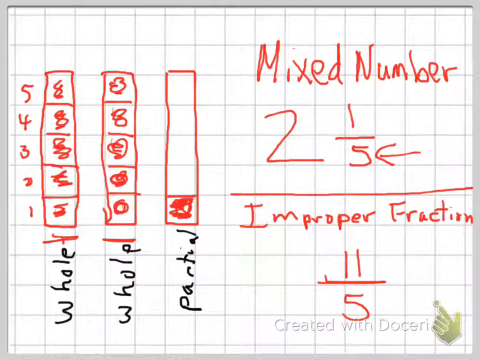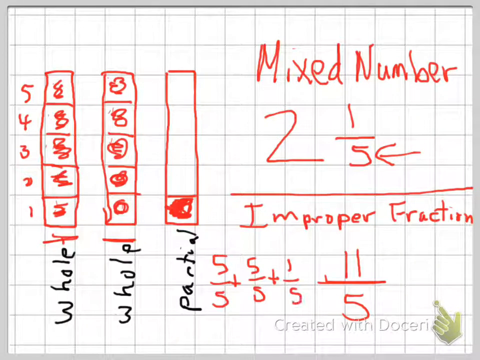But if you wanted to be a smarty pants and impress your parents that you can add fractions together, well, look. We have 1, 2, 3, 4, 5. So 1 whole is 5/5, because 5 out of 5. Oh, we have another whole. 1, 2, 3, 4, 5. 5 over 5 plus, oh, we have just this lonely 1 out of 5.